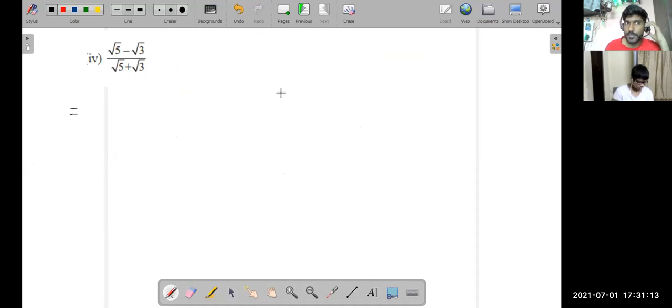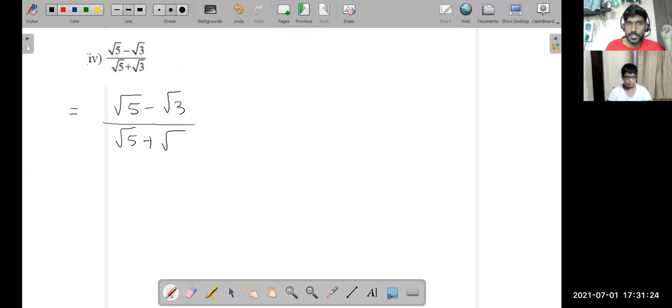Now, exactly the same way. First, you write the given question as it is. Root 5 minus root 3 upon root 5 plus root 3.